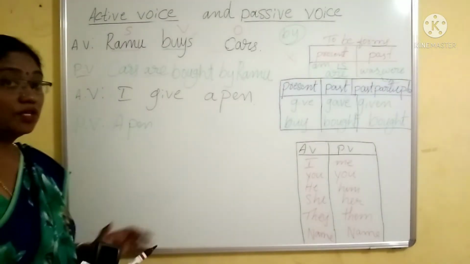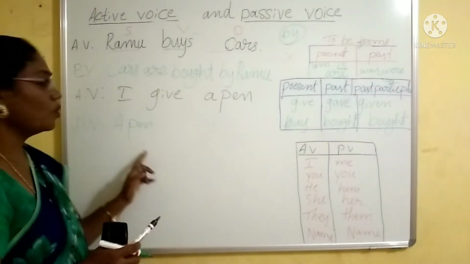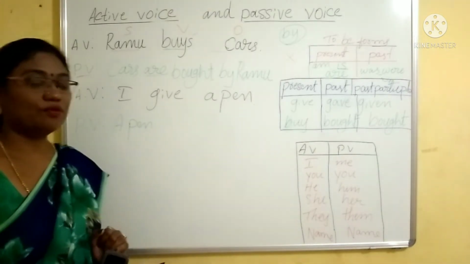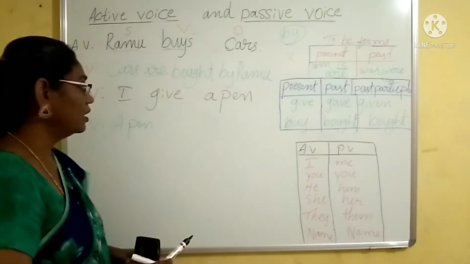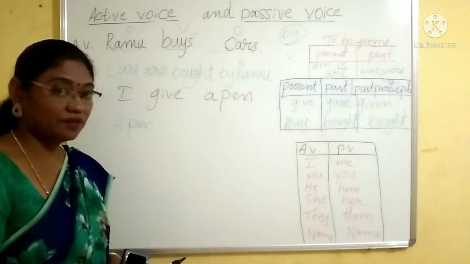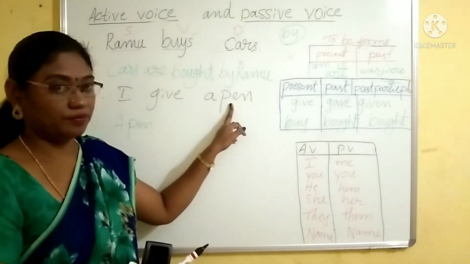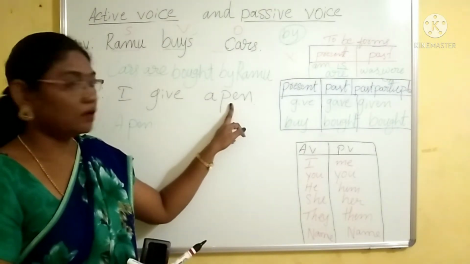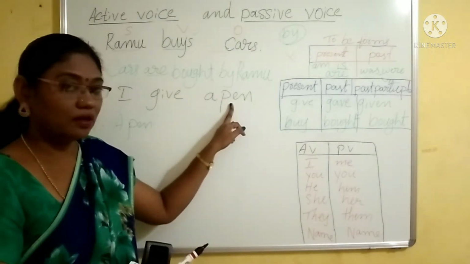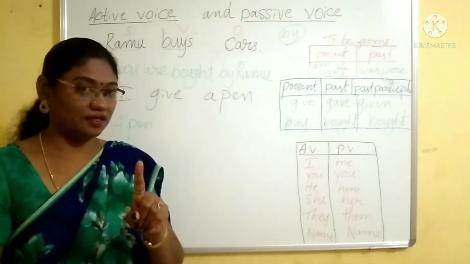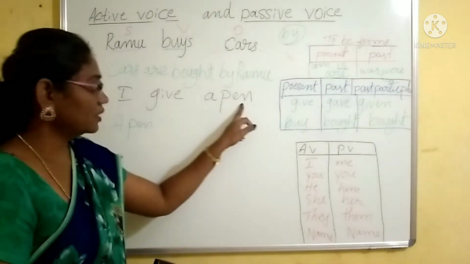And now what should I do? Now I have to select the B form. How do we select the B form? You look at the object. Is it plural or singular? It is singular.